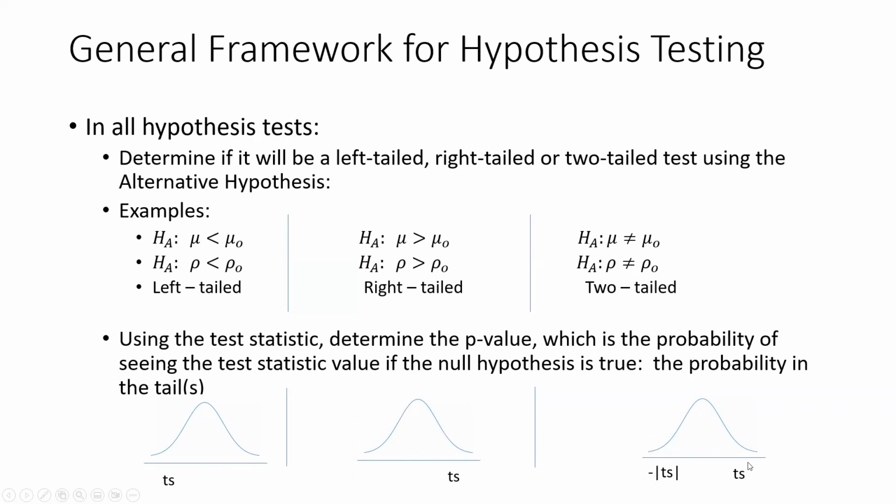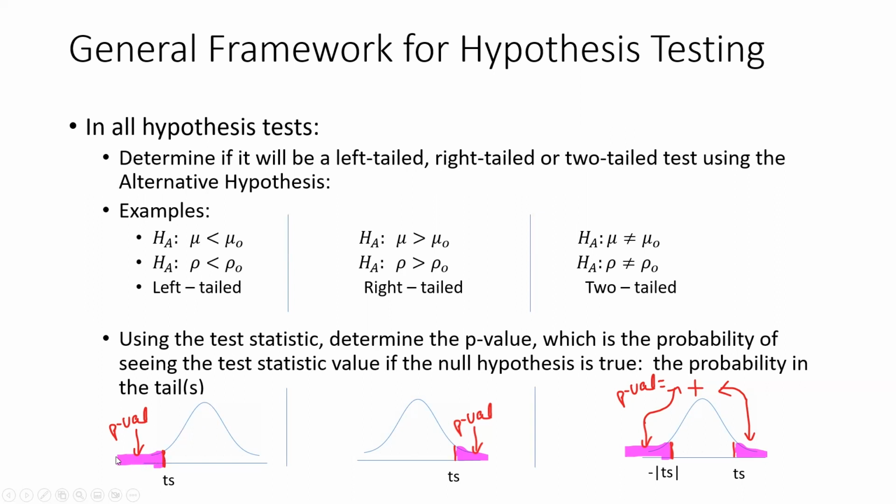And then what we're going to do is determine, for a left-tailed test, the amount of probability or area under that tail of the distribution. That's the p-value. Remember, in these probability distributions, it's the area under the curve that is analogous to the amount of probability.